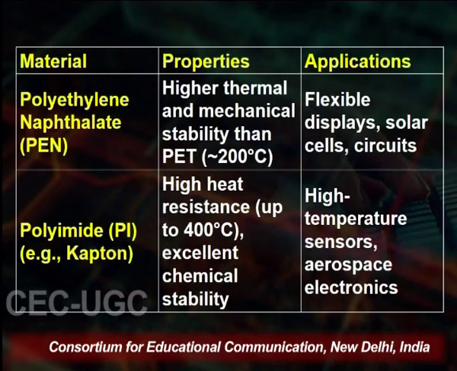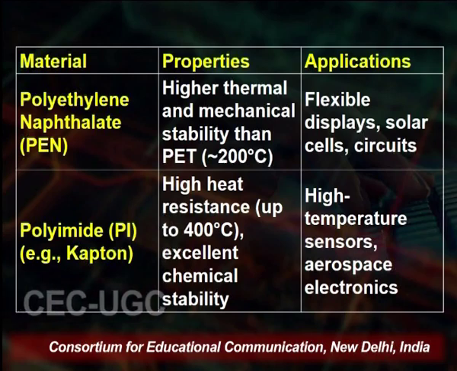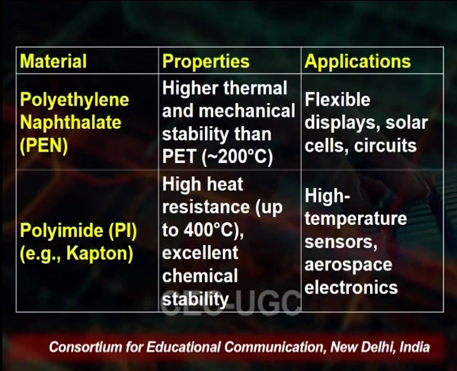Another is PEN, which has higher thermal and mechanical properties. It means that it is more stable as compared to PET, with a higher temperature tolerance. It is also used in flexible devices and solar circuits, moreover where we can bend the circuit, then we use this type of PEN.